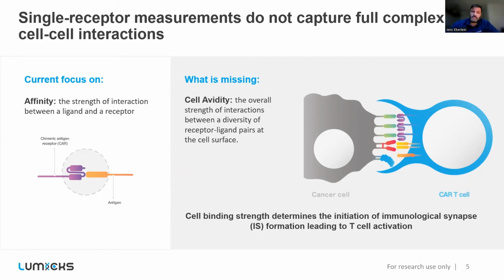As you can see here, for example, you have an engineered CAR-T cell in blue interacting with a cancer cell, and it's not just the engineered CAR receptor that interacts with your cancer cell, but you have numerous other co-receptors, LFA-1, ICAM-1 interactions, et cetera, that contribute to the overall cell avidity. This cell binding strength determines the initiation of what we call the immune synapse, which is important for all downstream events of T cell activation.